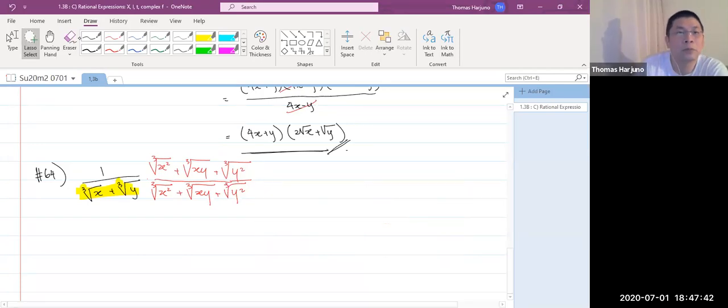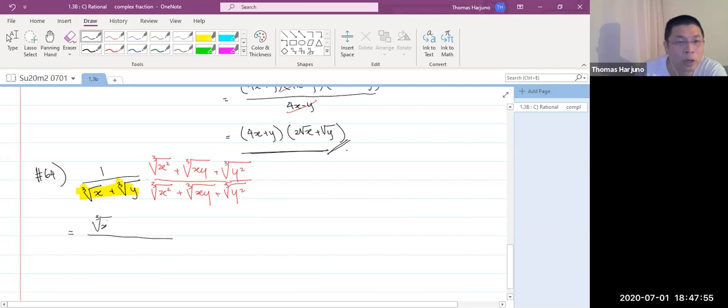So the purpose is such that on the top we will get cube root of x squared plus cube root of x times cube root of y, which is basically cube root of x times y, and cube root of y squared.